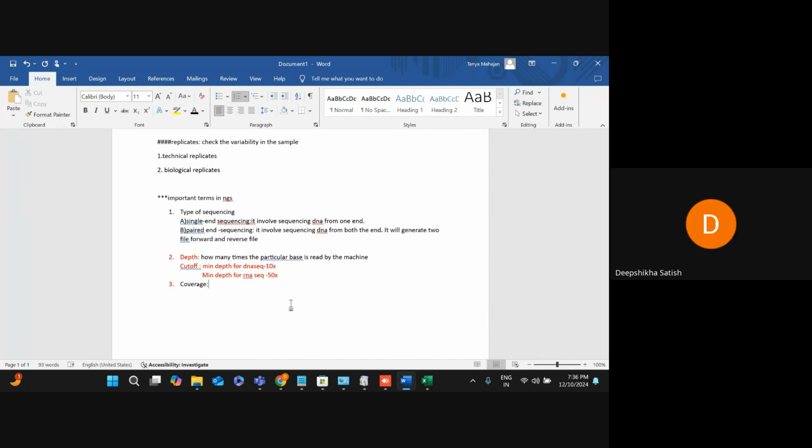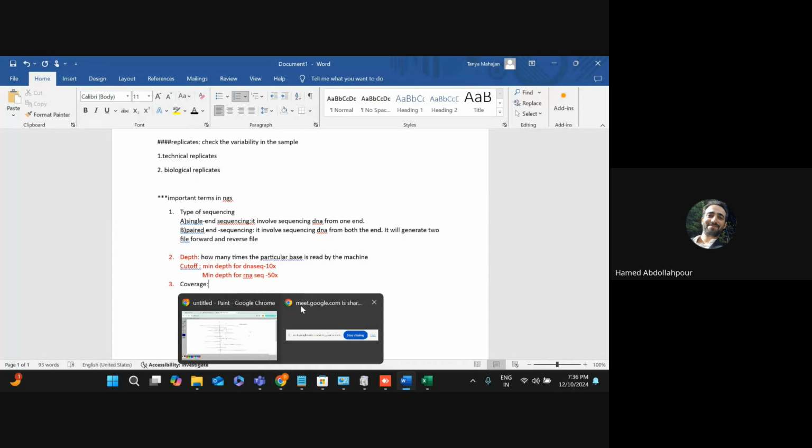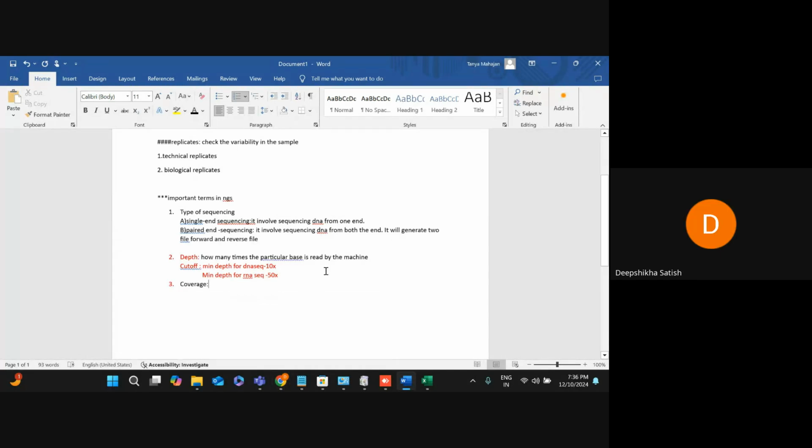No, sir. Why change the reference, sir? Actually, for example, your data is for the human, and you are taking the reference genome for the Drosophila. So it is not going to map the reads over there, right? So it should have the same reference genome. Then only it is going to map, right?